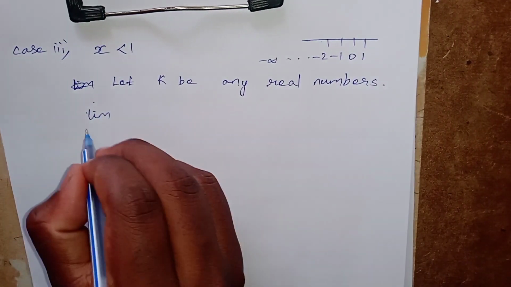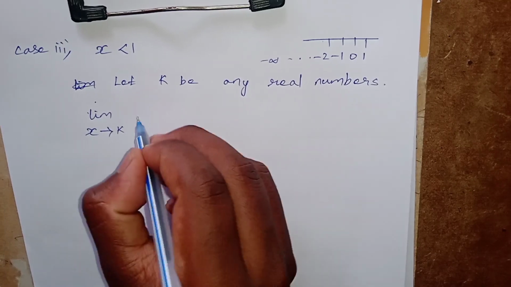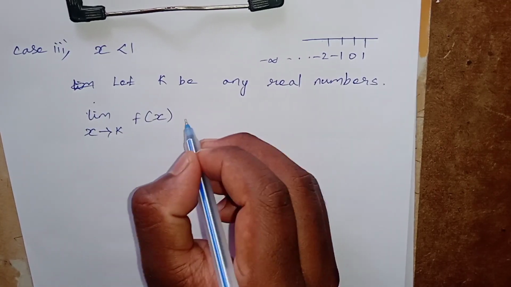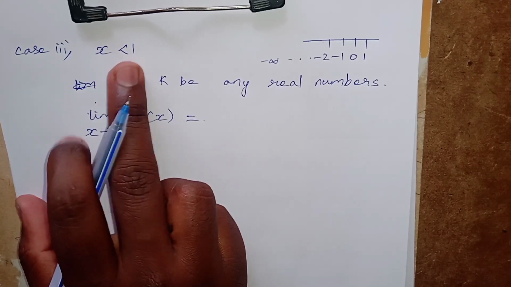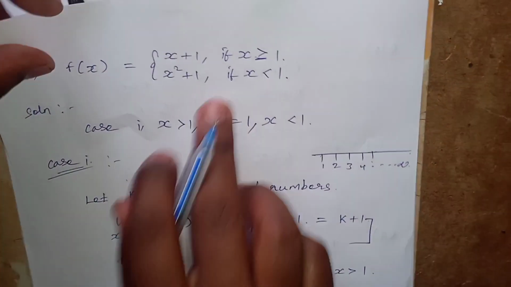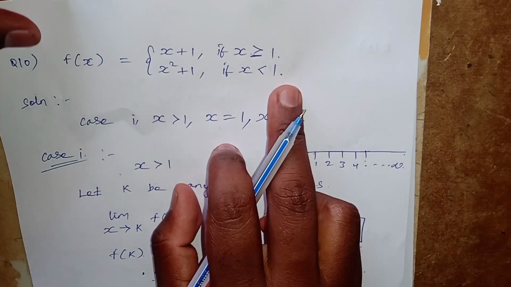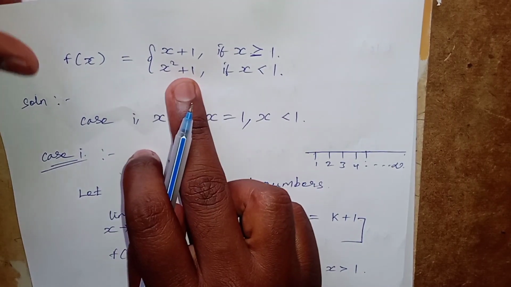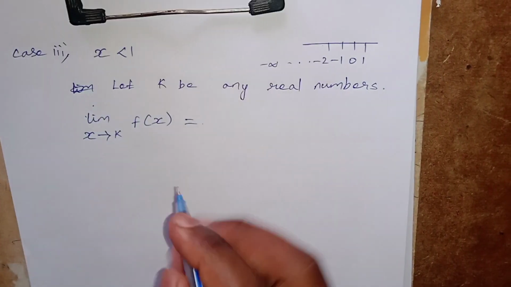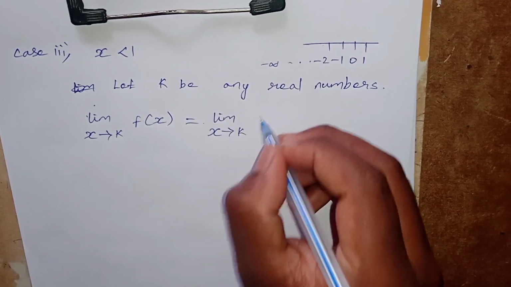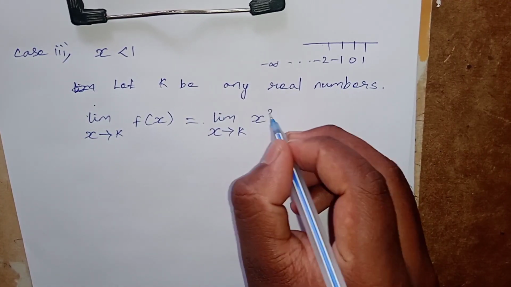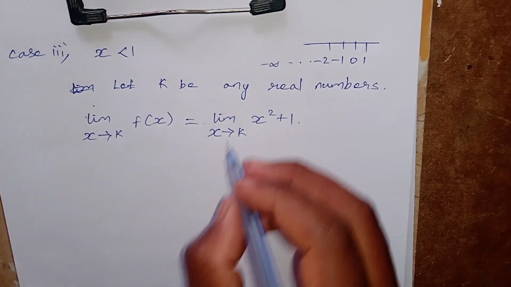Limit x tends to k of f of x. Therefore, you have to take less than 1, here x less than 1. Therefore, I am taking x squared plus 1. This is my function. Limit x tends to k of f of x, here x squared plus 1.